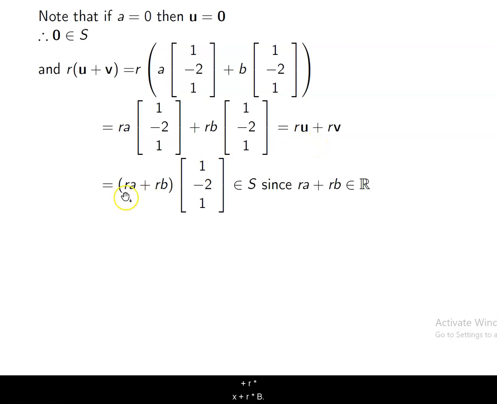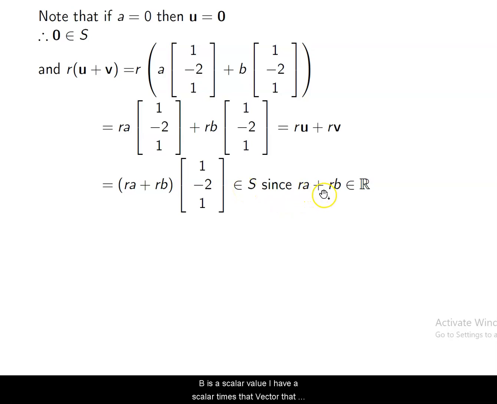And R times A plus R times B pulled out gives me my scalar, gives me my vector. So I have a single scalar here because I was able to factor out the 2 constants, or you can think of it as I factored out the common vector. Either way, I have my vector times a scalar, and that's what the things in S look like, right?